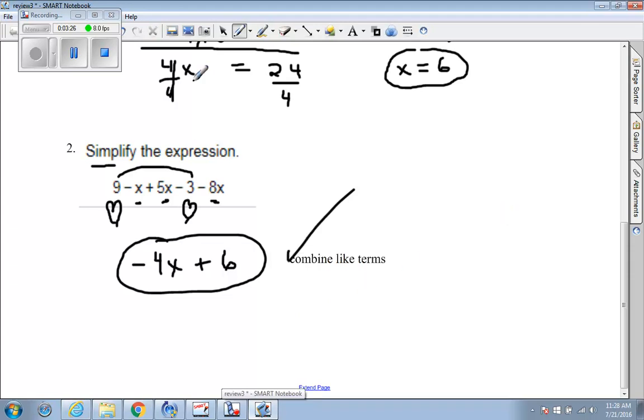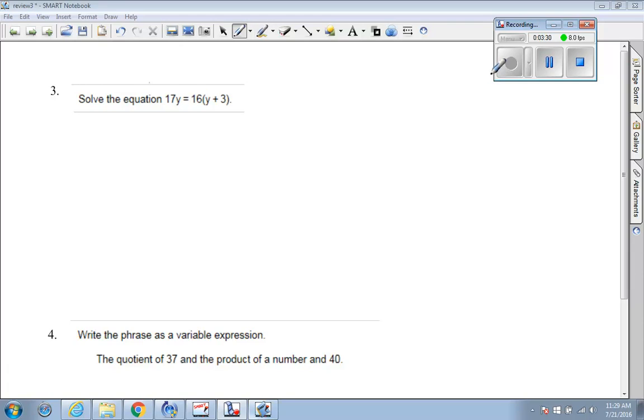Now let's go ahead and head to the next slide. Okay, with this one, we obviously have to solve the equation, so we're going to apply the distributive property here. And I'll just take a moment to rewrite it. So then I'd have 17y equals 16 times y, that's 16y. And 16 times 3 is 48. Okay, and in class and in my guided notes, I talked about letters on the left, numbers on the right.